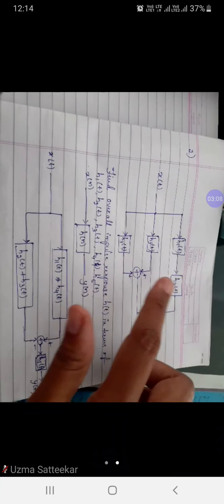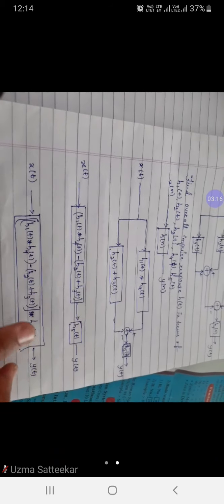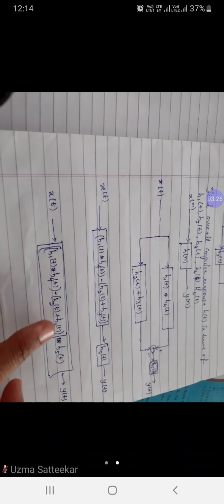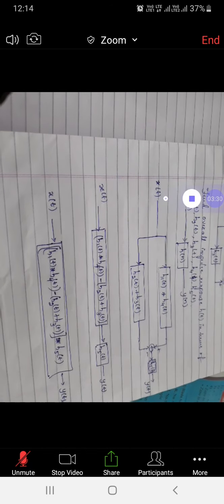One series, one parallel, then one parallel, then one series. So totally 4 connections have been reduced, and we have expressed the overall impulse response H of t in terms of H1, H2, H3, H4 and H5. Thank you.